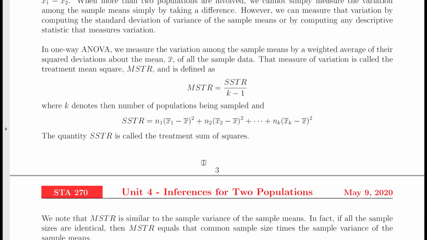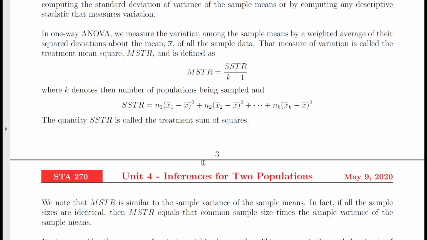With the one-way ANOVA test, we do have some new variables or new calculations that we have to come up with. The first one is the treatment mean square, which is abbreviated MSTR. That's the treatment mean square, and it's found by taking the treatment sum of squares, which is the SSTR, divided by k minus 1, where k is the number of populations that we are investigating.